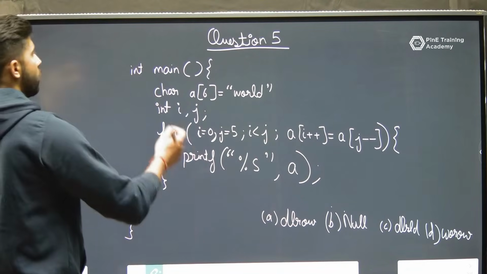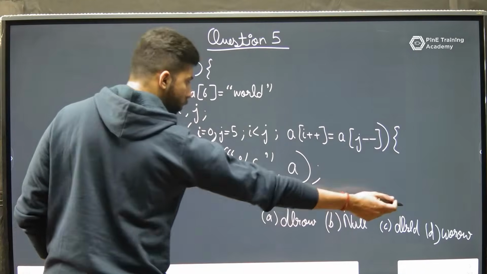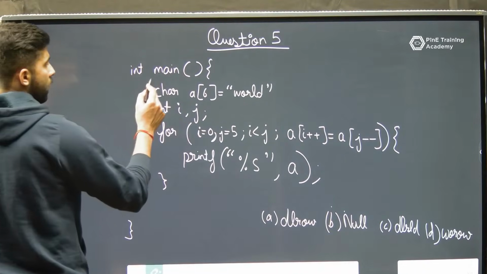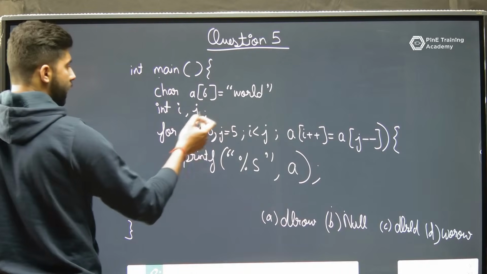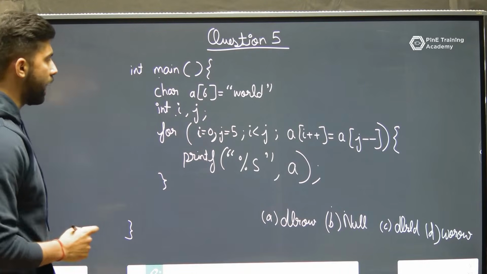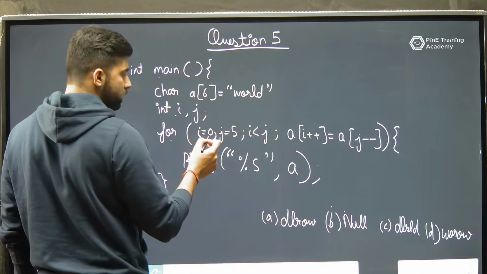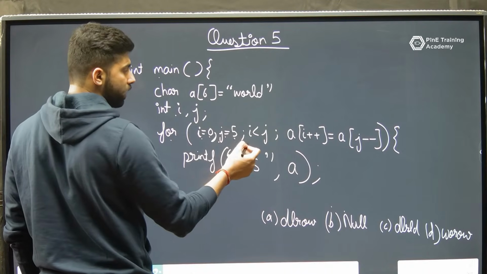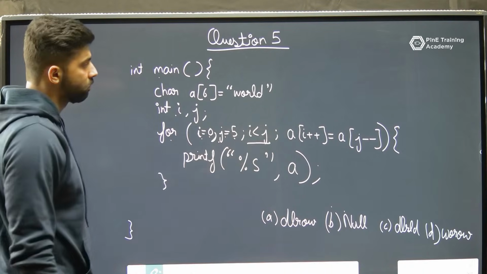Here in this question I have given you 4 options as well. In the main function I have created a character array and 2 integers i and j. In the for loop, i starts from 0, j starts from 5. The condition is if i is less than j.